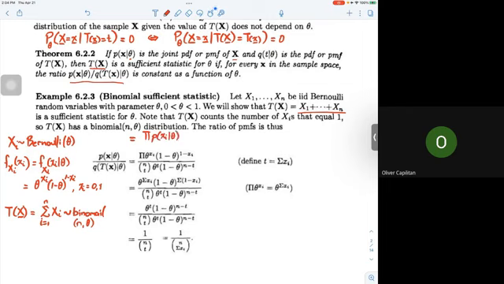In this case, we denote it as P. Pwedeng ganun yung pagka-denote natin.